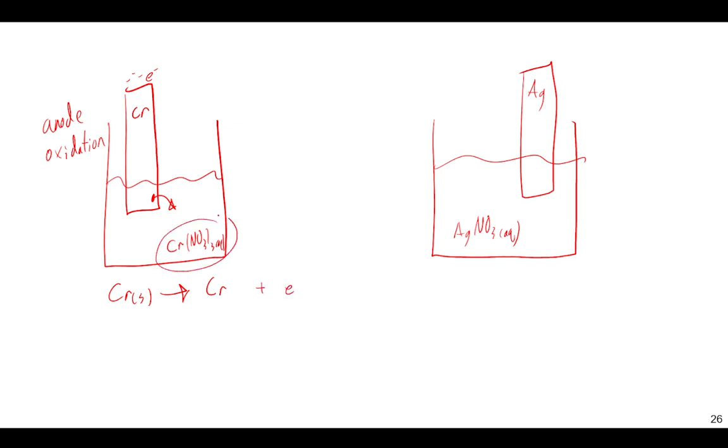Now, we know from this formula for chromium nitrate, since nitrate is -1, the chromiums here are going to be 3+. And so the half reaction here is chromium going to chromium 3+, thereby generating and leaving behind 3 electrons, right? Because our charges must balance here.